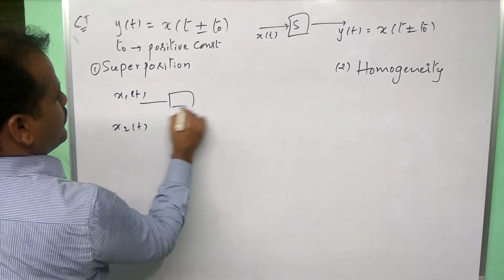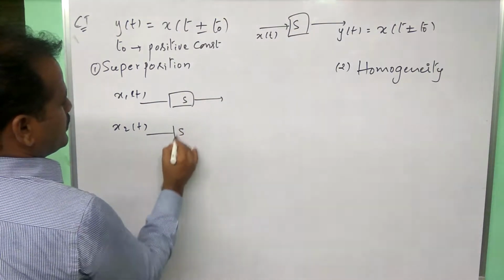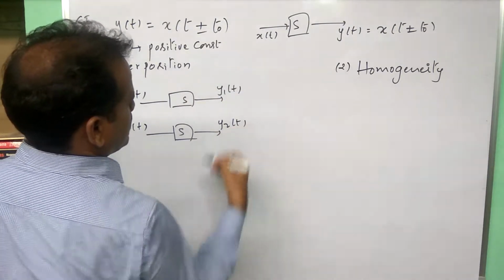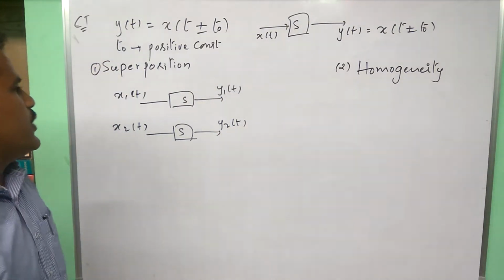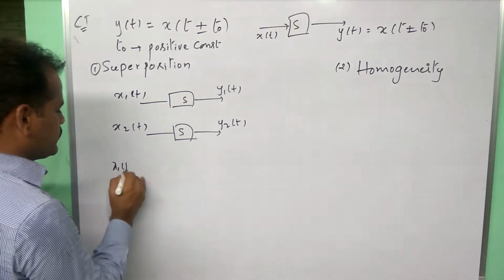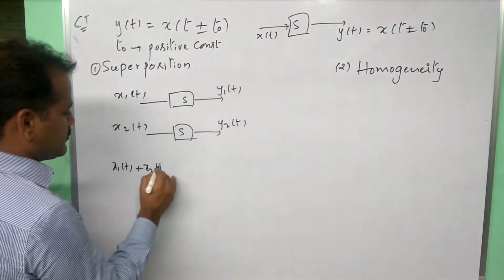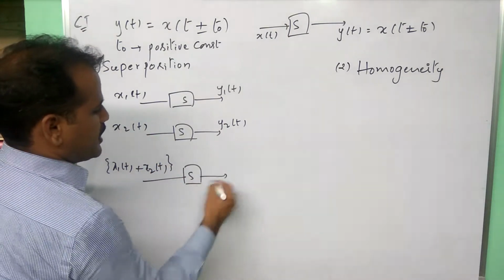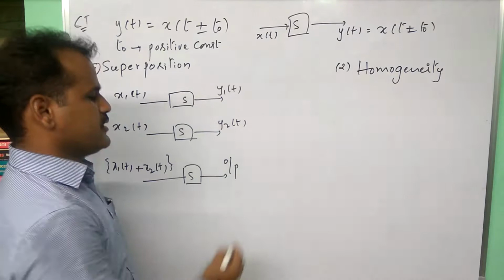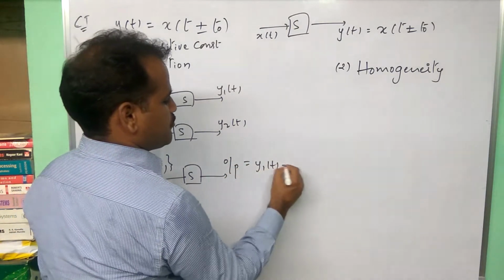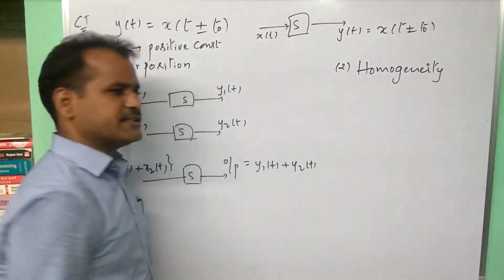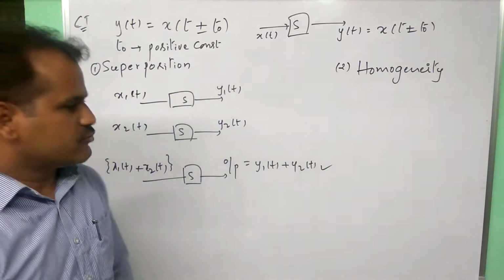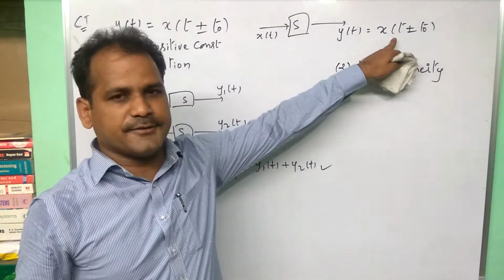We are separately applying them to the system and considering the corresponding outputs. Then we combinedly apply these two inputs, x1 of t plus x2 of t, as a single input to the same system, and verify whether the corresponding output is equal to y1 of t plus y2 of t or not.